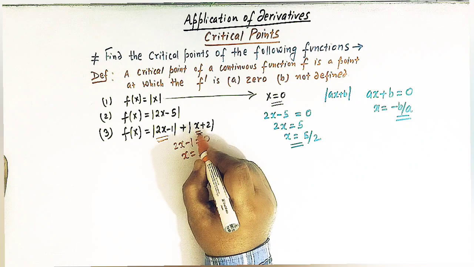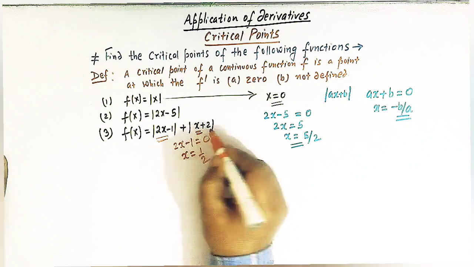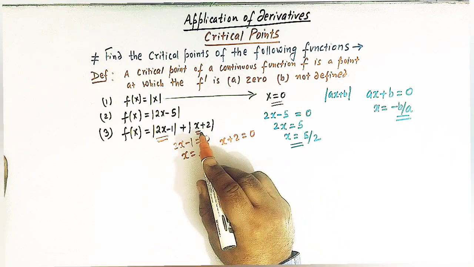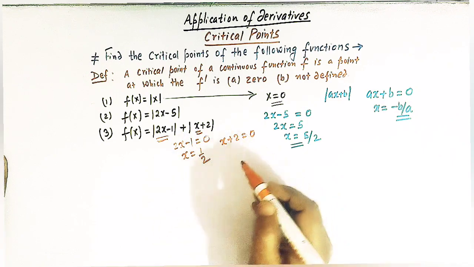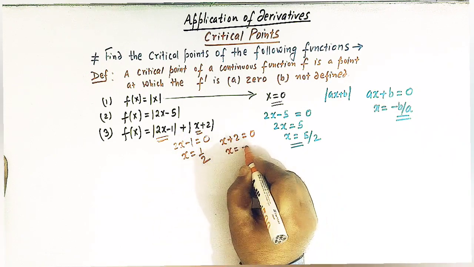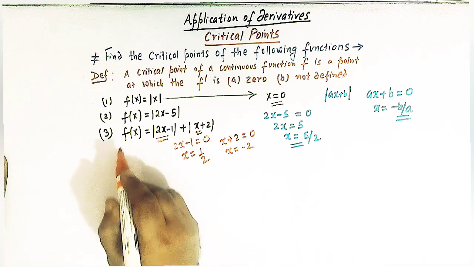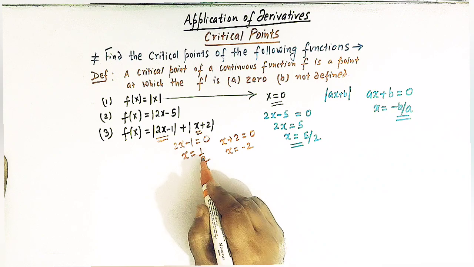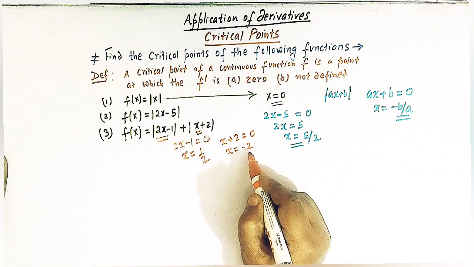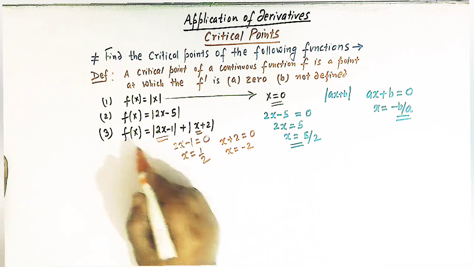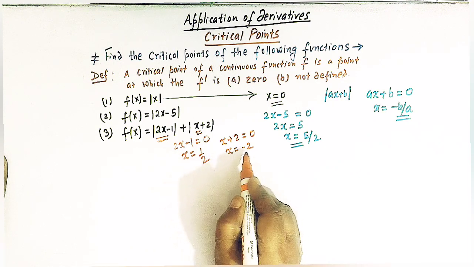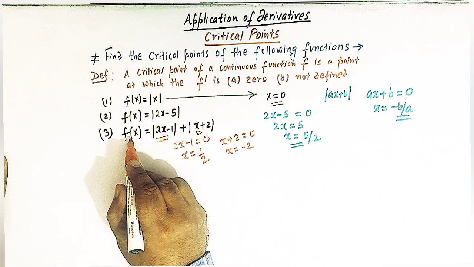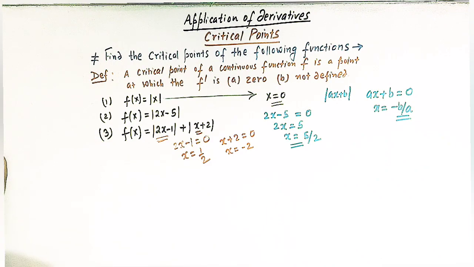And similarly, this function mod of x plus 2, this function is not defined at the point where x plus 2 is equal to 0. So x is equal to minus 2, right? So this function f of x has the critical points half and minus 2. It means f of x has two critical points, that is minus 2 and half, where the derivative is not defined.